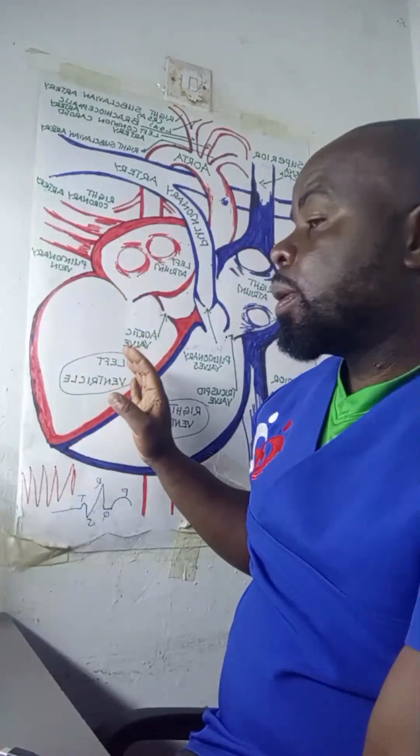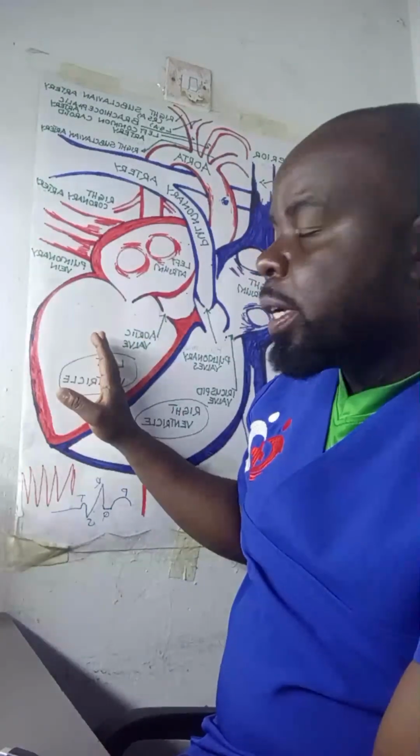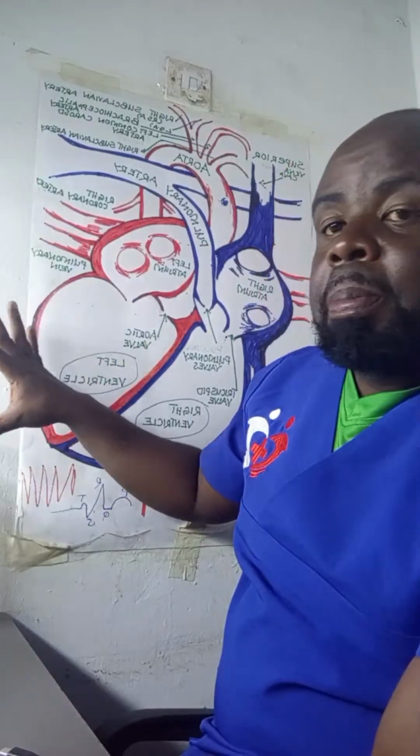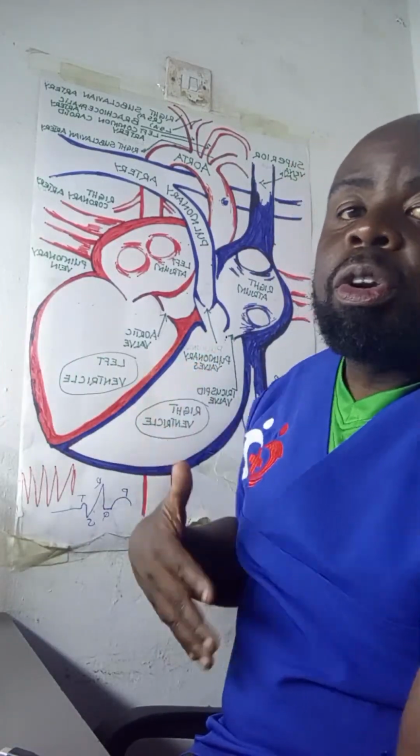We have other things like secondary causes. Secondary causes are hypertension, causing left ventricular hypertrophy. When you have high blood pressure, you may have this side of the heart being bigger than this one. It's called hypertensive crisis. Aortic stenosis.